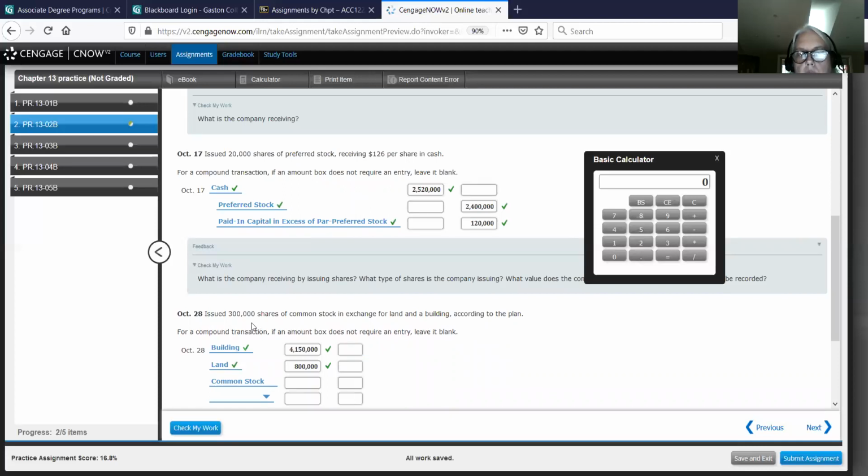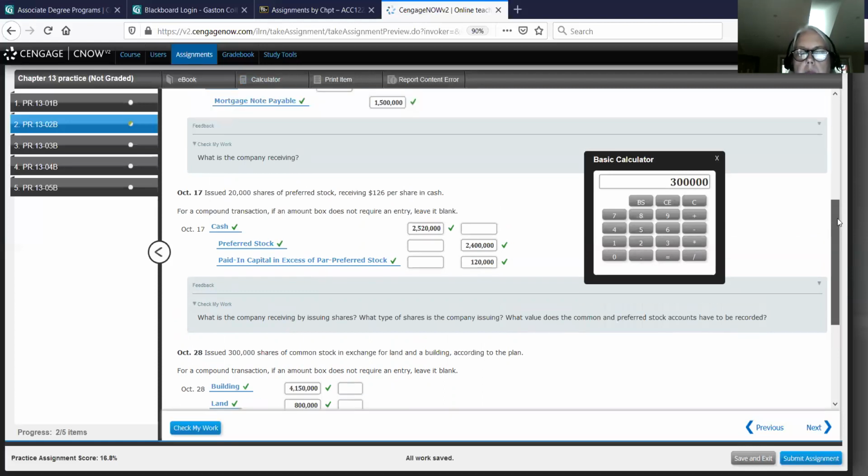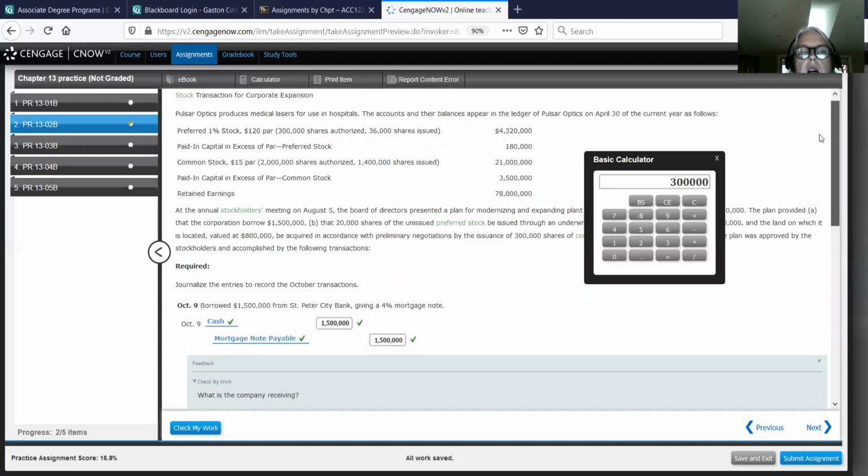Since they issued 300,000 shares, 300,000 shares of common stock would have to be multiplied by the par value, the amount that was stated on the common stock, which was $15.